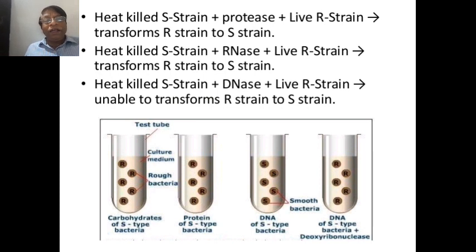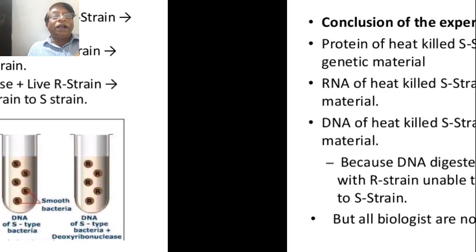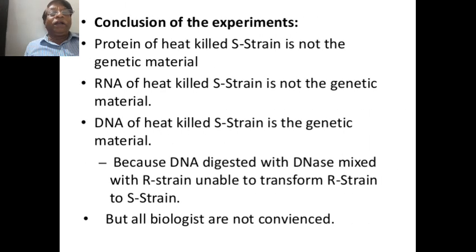He killed S strain plus DNase enzyme taken in the medium and R strain. Then he found R strain does not transform into S strain. So this is how he conducted the experiment.